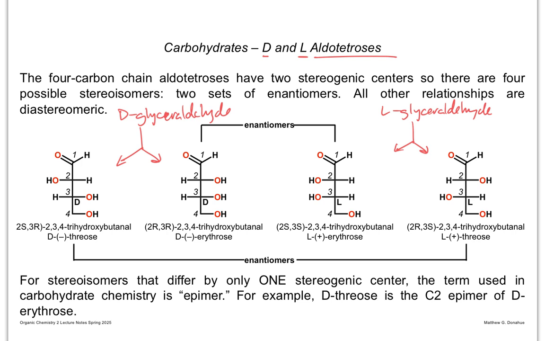So as I said, these kind of have weird names to them. The far left one is called D-threose. The inner left one is D-erythrose, and then you have their enantiomers.